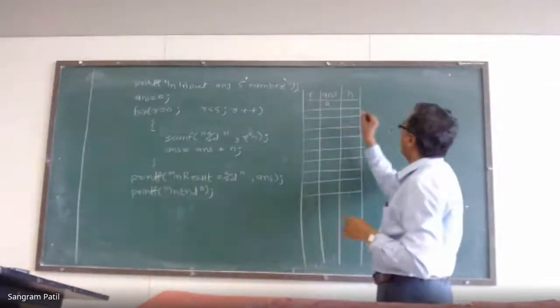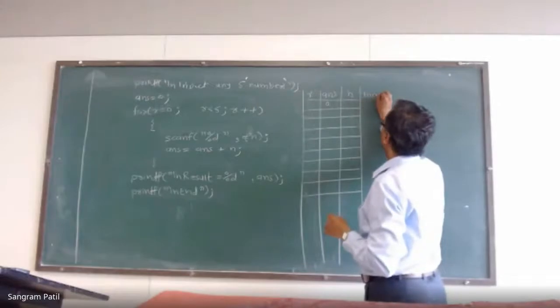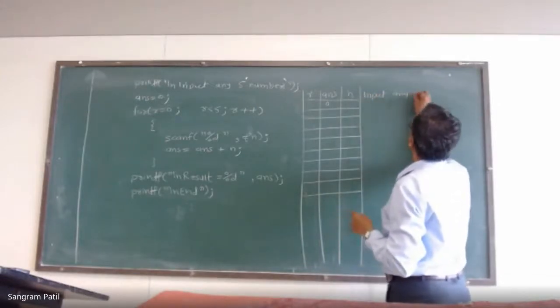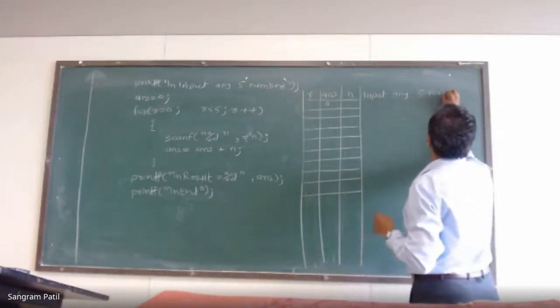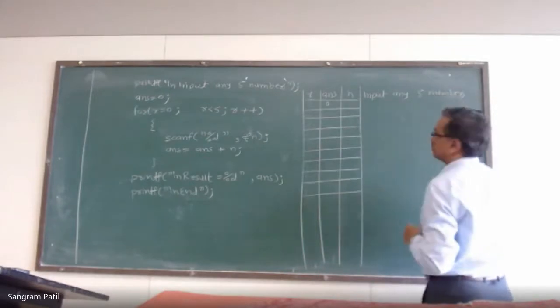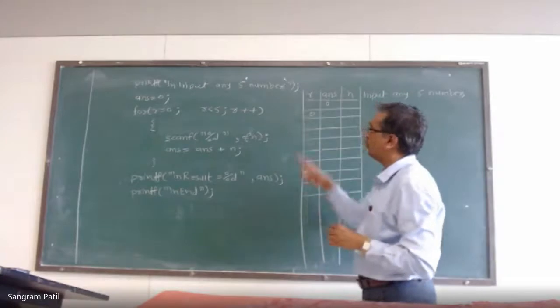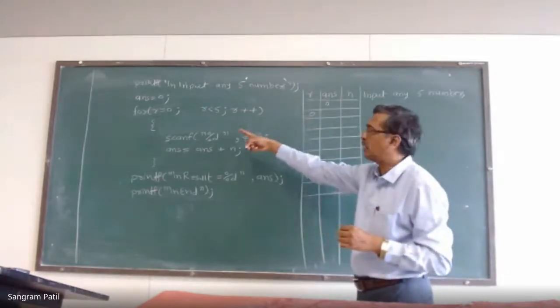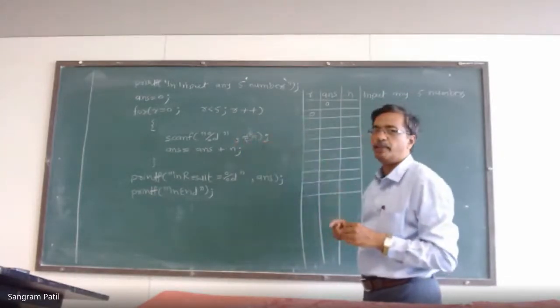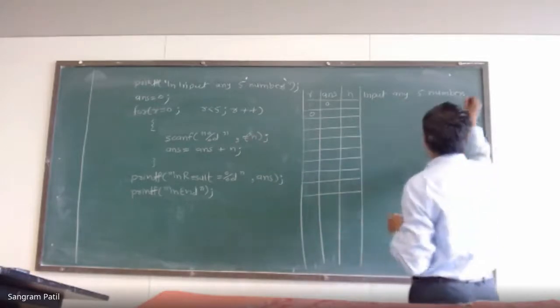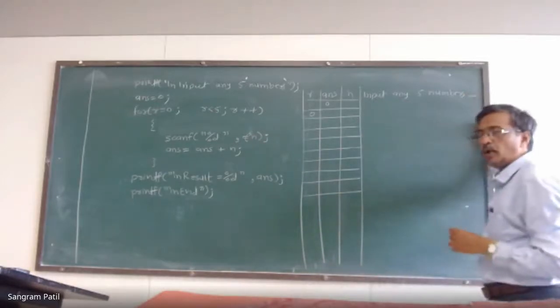Now it gives you input any 5 numbers. Answer equal to 0. R equal to 0. Less than 5? Yes. Curly bracket. Scanf %d ampersand. Because of scanf, it gives blinking cursor. You have to input the number.